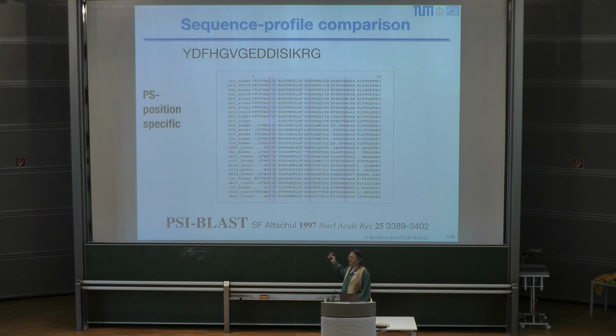People did something like the hack by looking at consensus. I'll get back to that. Consensus meaning, just read this profile and write at every single position the residue or the letter that is there most often. And then take that as the sequence. In some sense, it's what you say, but your idea is more specific to really the idea of a motif.